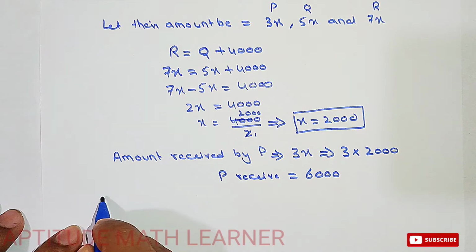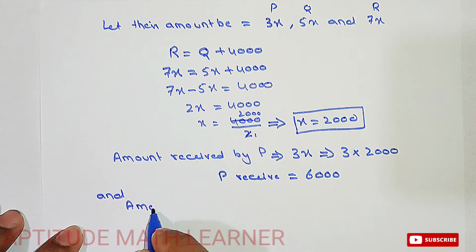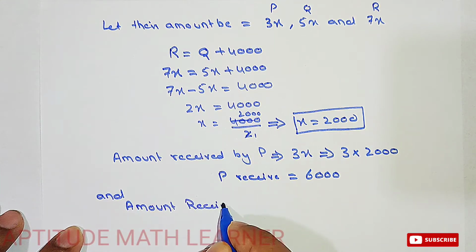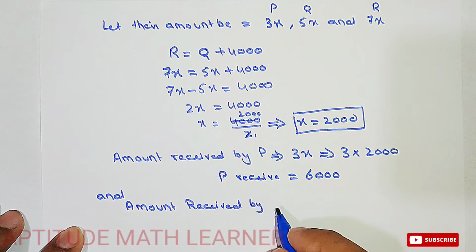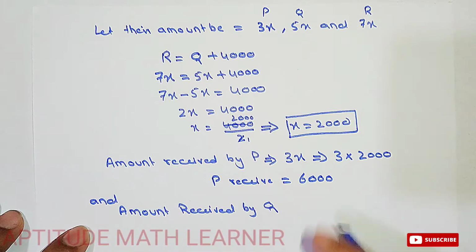And the amount received by Q is in the ratio 5x.